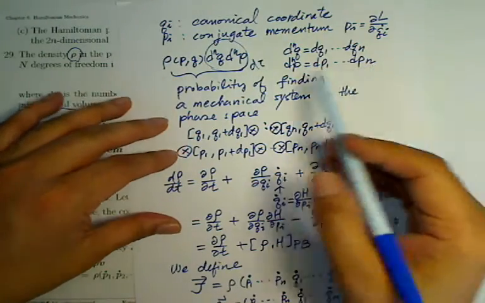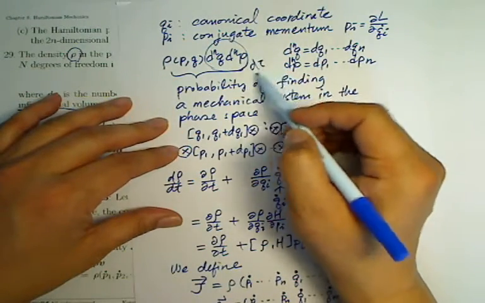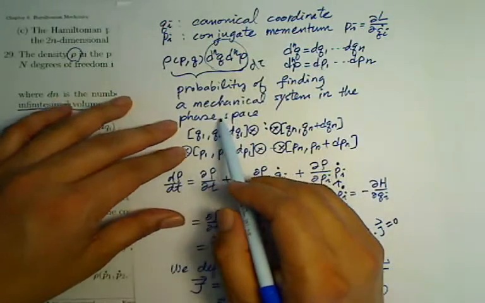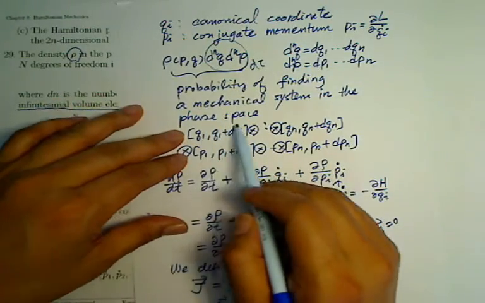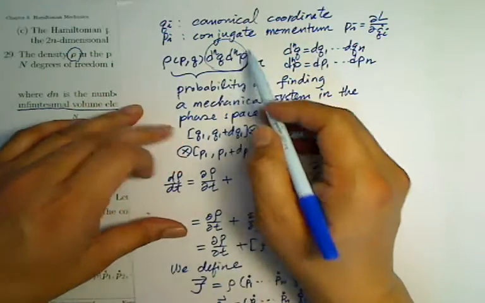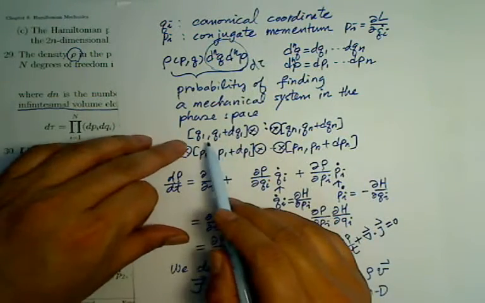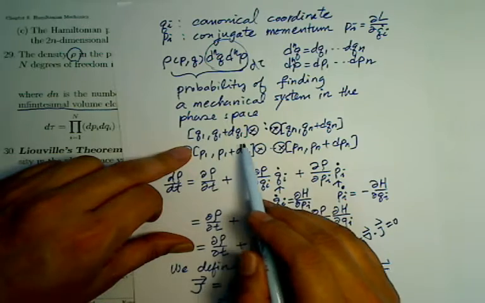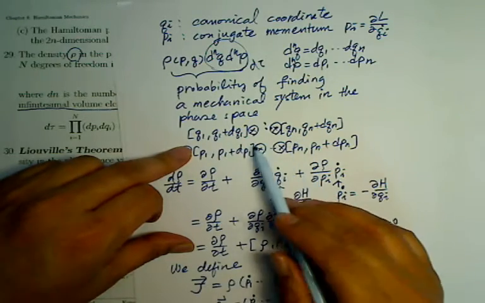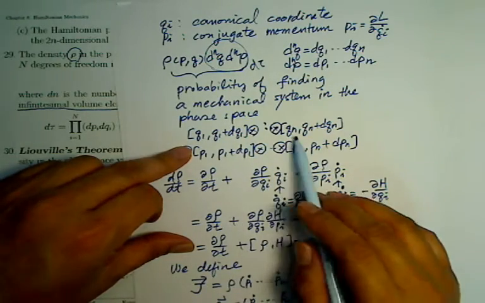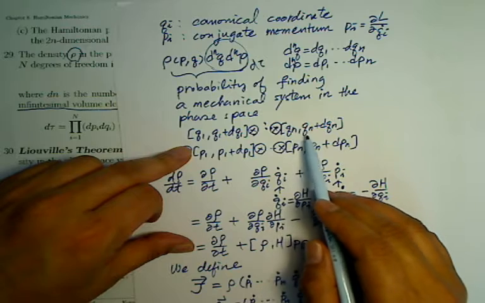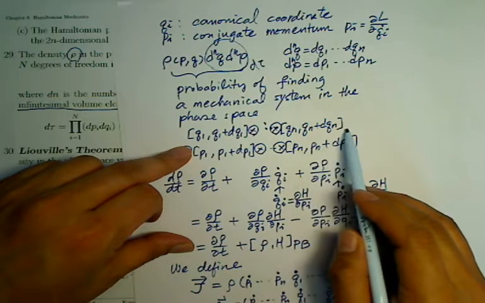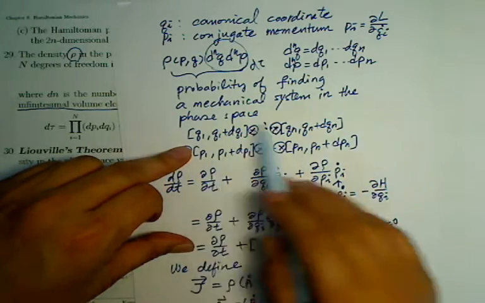Let us define tau, the mechanical system's phase space element. Phase space element means q1 runs from q1 to q1 plus dq1, q2 and so on until qn runs from qn to qn plus dqn, and momentum also.